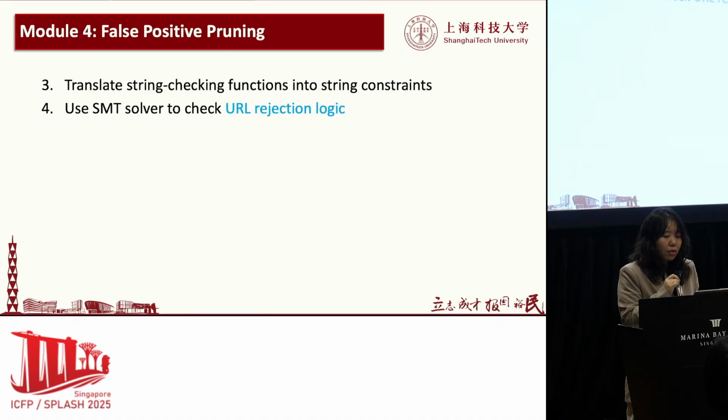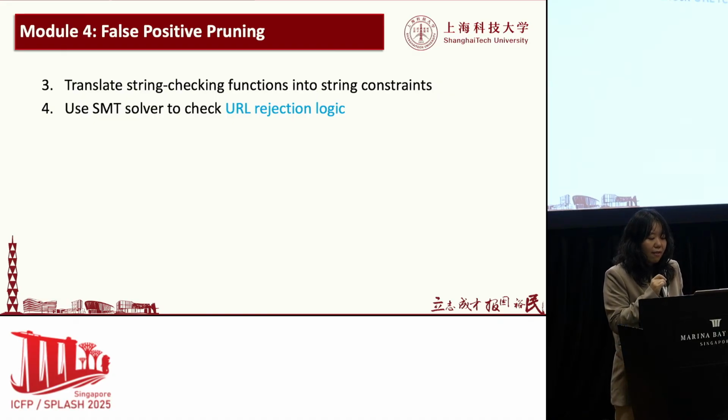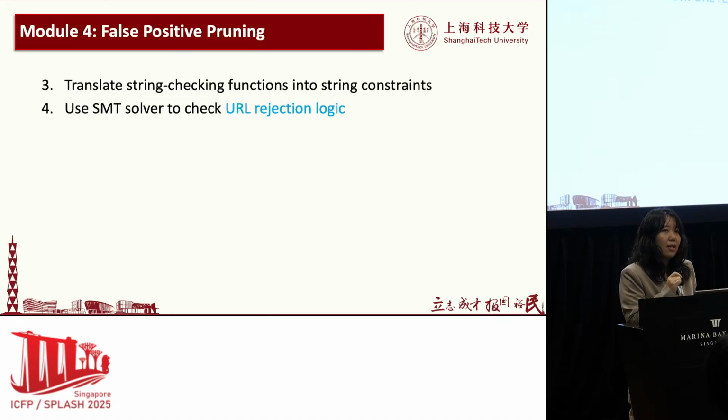Artemis also prunes false positives caused by string checking conditions. To do this, it first identifies common string checking functions like strpos and preg_match, and translates these checks into string conditions. Then it uses an SMT solver to see if any valid URLs can satisfy all the constraints.